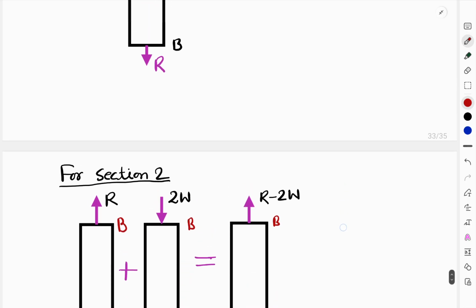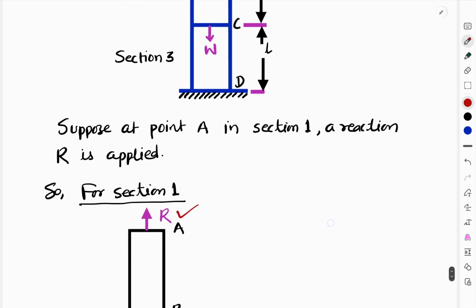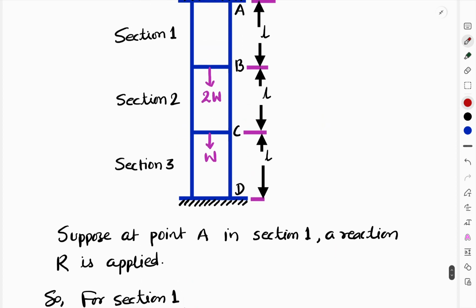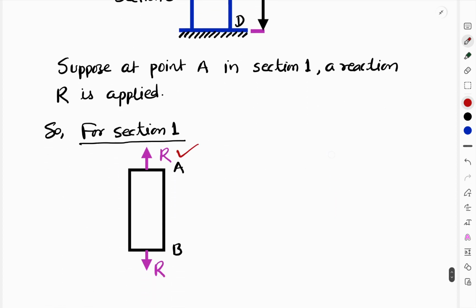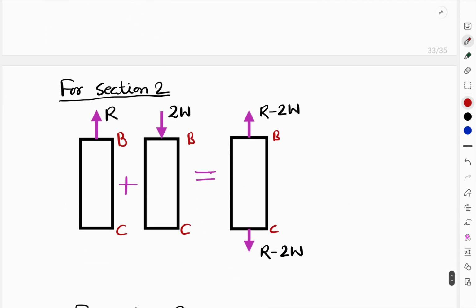For another load, which is 2W, shown in the figure, it is compressive in nature for section 2. Now adding both forces, tension force is positive and compressive force is negative, so R minus 2W. Again, to maintain equilibrium, at the other end a similar force will be applied, so R minus 2W. So for section 2, whatever load is applied is decided by using the principle of superposition.